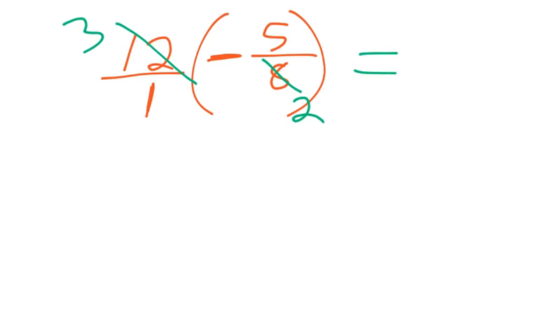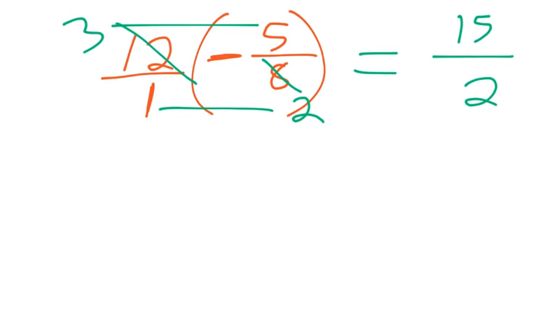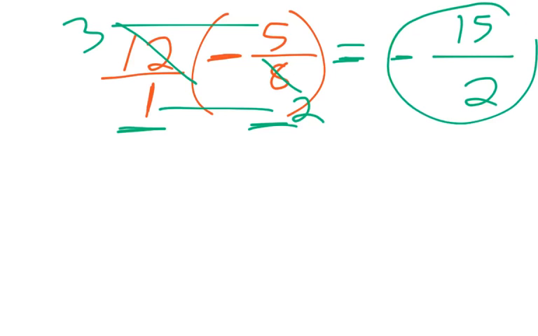Now we multiply across. 3 times 5 is 15. 1 times 2 is 2. Now I check my sign. Positive times a negative is negative. And we can't simplify that. We could write that as negative 7.5, but fractions are really good because they're always guaranteed to be exact, whereas with decimals we might sometimes have to round. So there's your final answer.